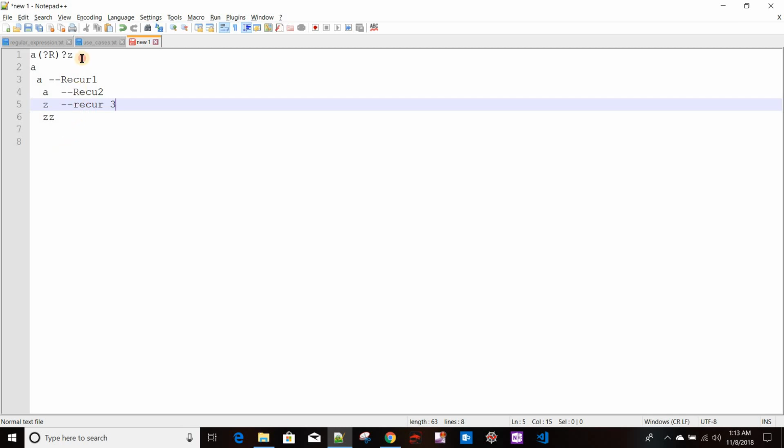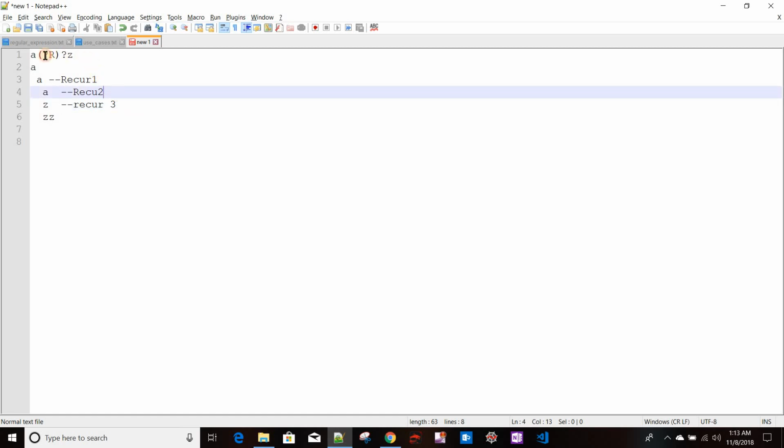Now it has executed the full regular expression in recursion 3. But at recursion level 3, it has to backtrack because it is inside the recursive mode. It will go one level up, from 3 to 2, because 3 is already completed and we have not completed the full cycle.